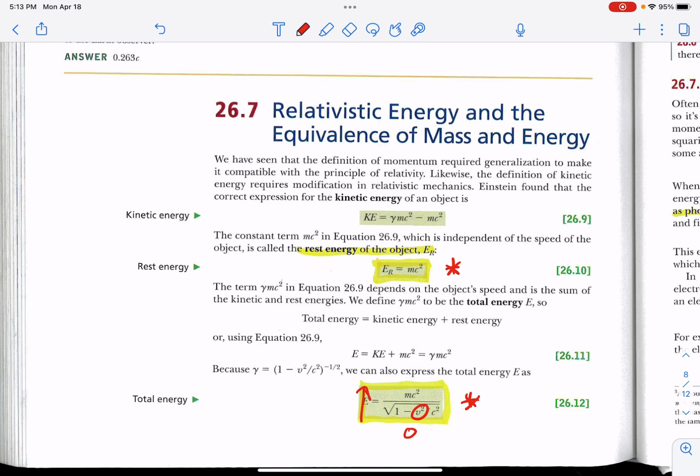Now, I should point out something very important, that at ordinary speeds, all of these Lorentz transformations, this is now our fourth one that we've looked at, all of our Lorentz transformations reduce to Newtonian ordinary mechanics at ordinary slow speeds, when v is very, very small compared to c, then Newton's physics works out just fine.